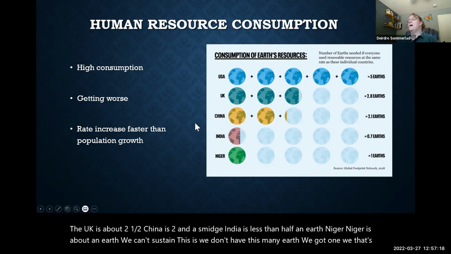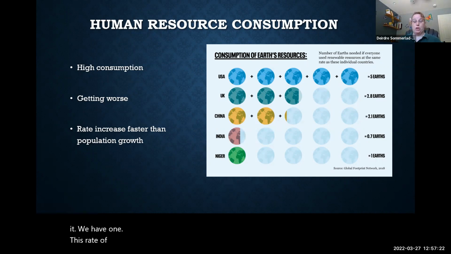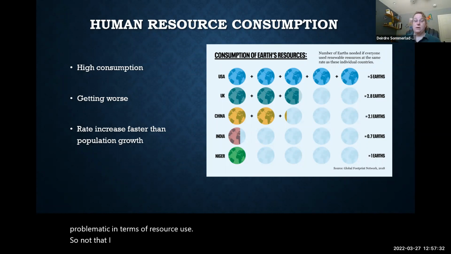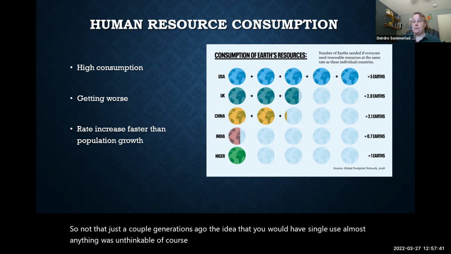We have one. This rate of consumption, particularly around the idea of disposable goods, is hugely problematic in terms of resource use. Just a couple generations ago, the idea that you would have single use almost anything was unthinkable. Of course, you reused everything, and you reused everything till it literally fell apart.